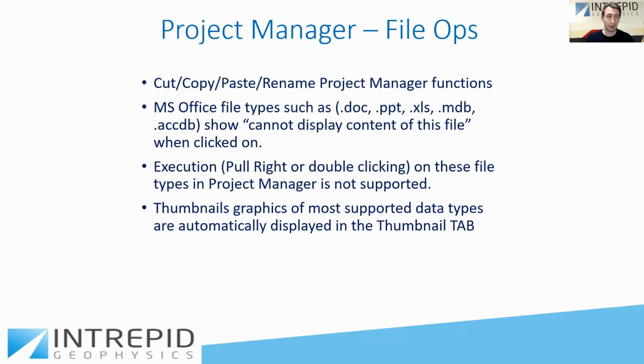But just on that, if there are any common data types that you are working with that you find aren't being supported in Intrepid, please let us know. Because if it's being extensively used within GA and you guys need it for your workflows, it's important that we do support that. So let us know, and we'll try and work something out for you guys as quickly as possible.